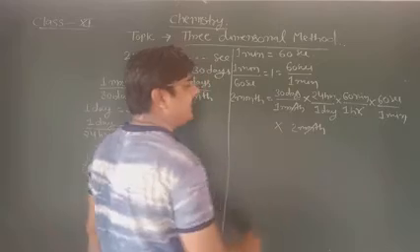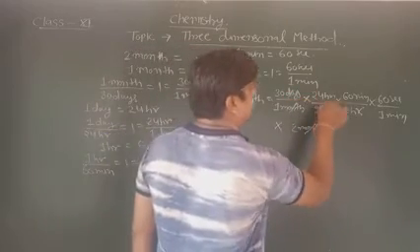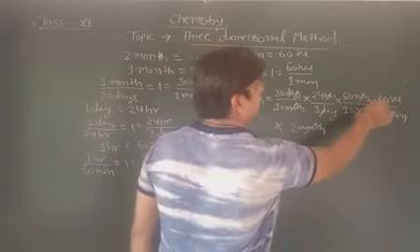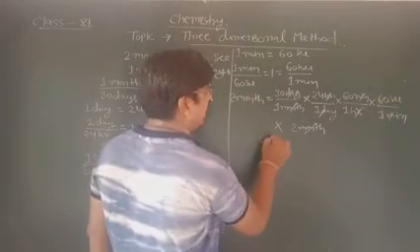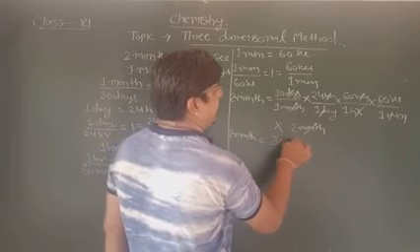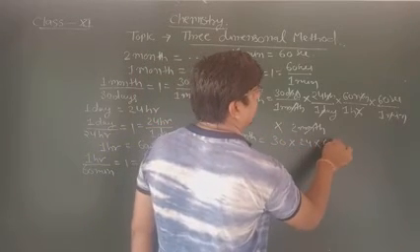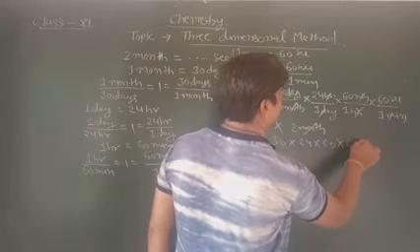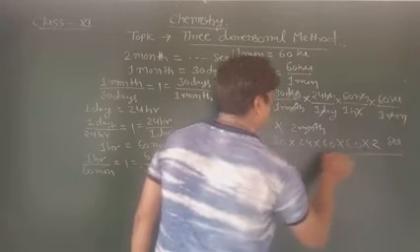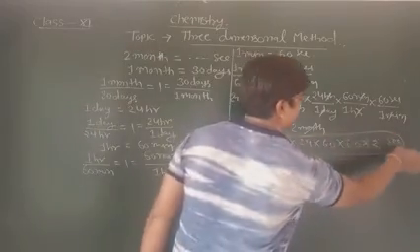The unit month cancels, day cancels, hour cancels, minute cancels. So in the last we will find the second. So in 2 months there will be 30 into 24 into 60 into 60 into 2 seconds.